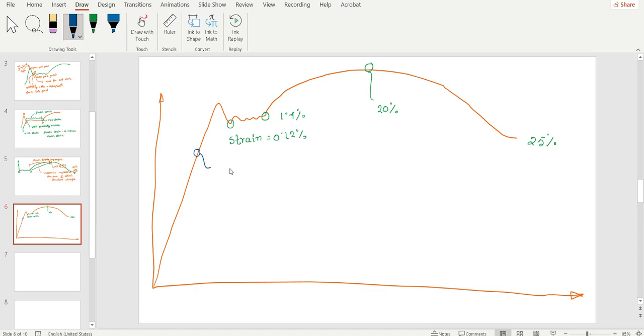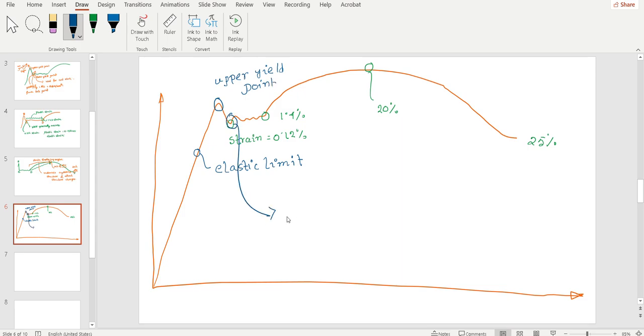This point is called the elastic limit. This point is called the upper yield point.